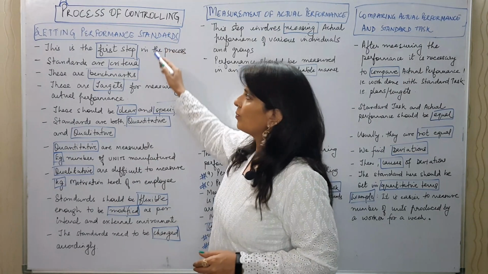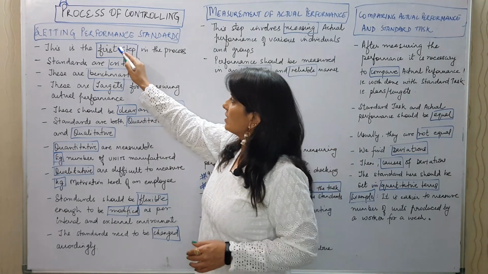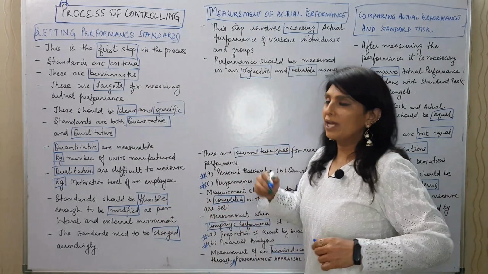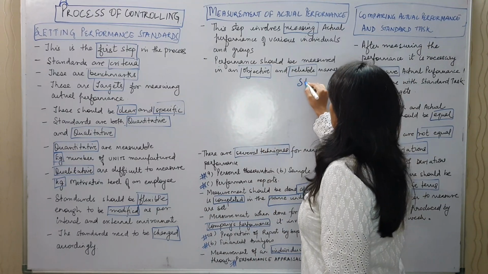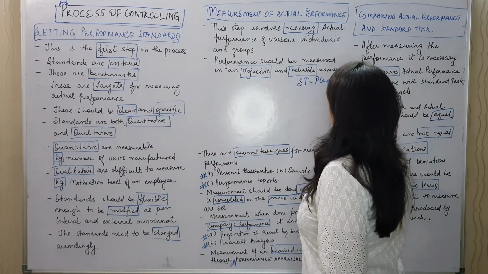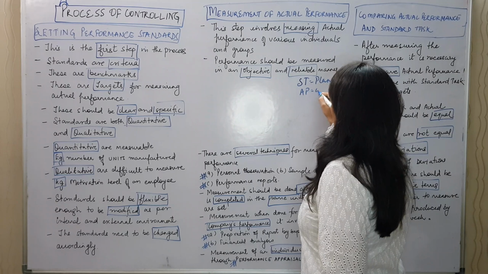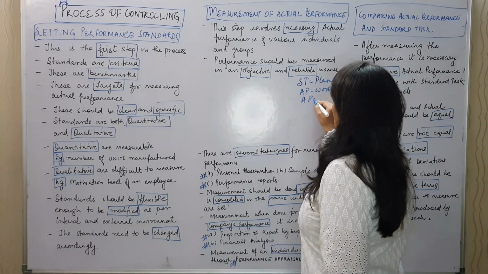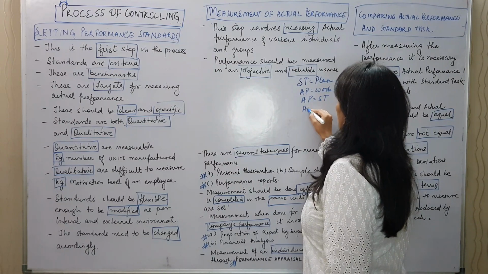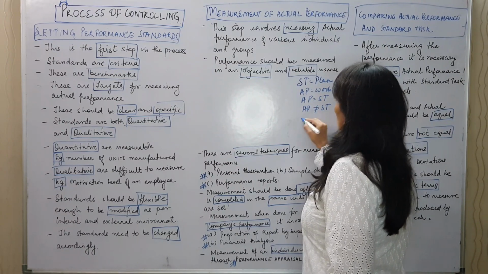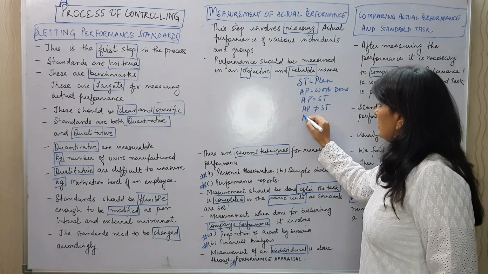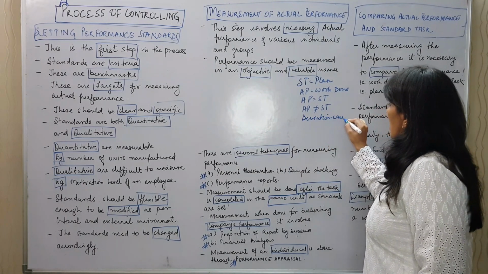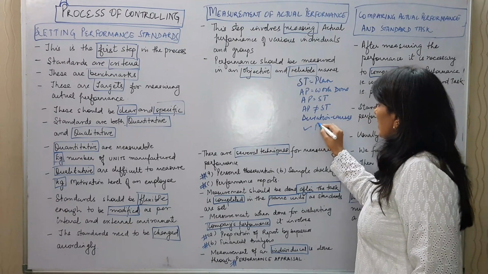So when we talk about the process of controlling, we are starting with setting performance standards. If I just make it clear to you, standard task, that is plan, actual performance, that is work done. What do we say? That actual performance and standard task should be equal. Usually they are not equal. We find deviation, we find causes, and then we take the right action.